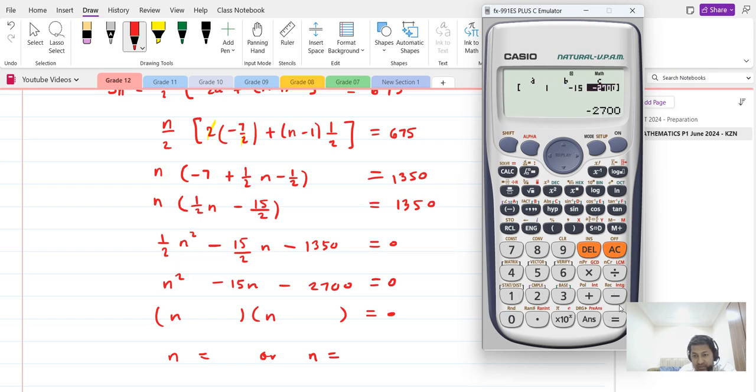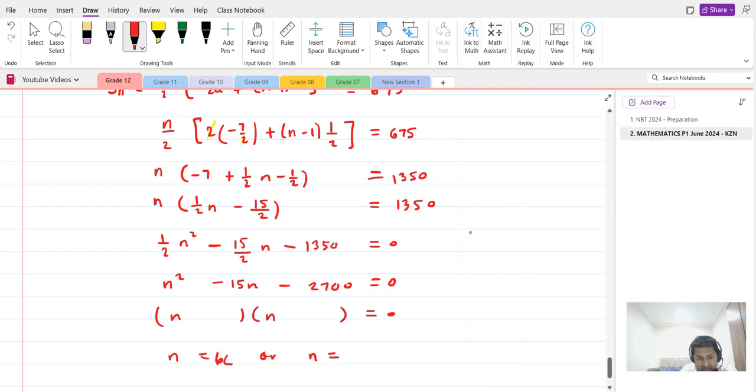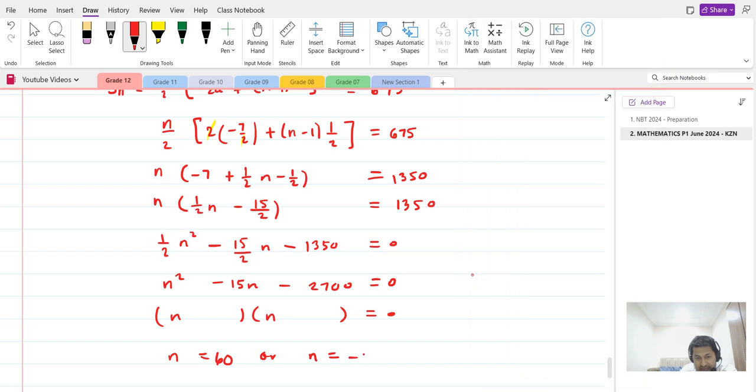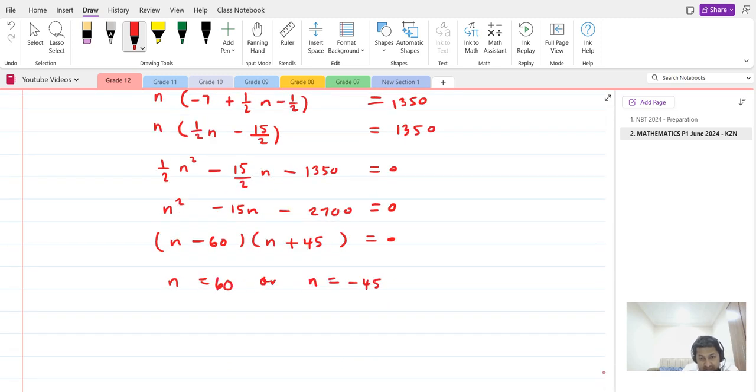So we got answer which is 60, and the next answer we got is minus 45. So n minus 60, n plus 45. So we can clearly see that this can't be the answer. We're going to write reject. Why reject? Since n has to be an element of natural numbers. What's natural numbers? 1, 2, 3, 4.